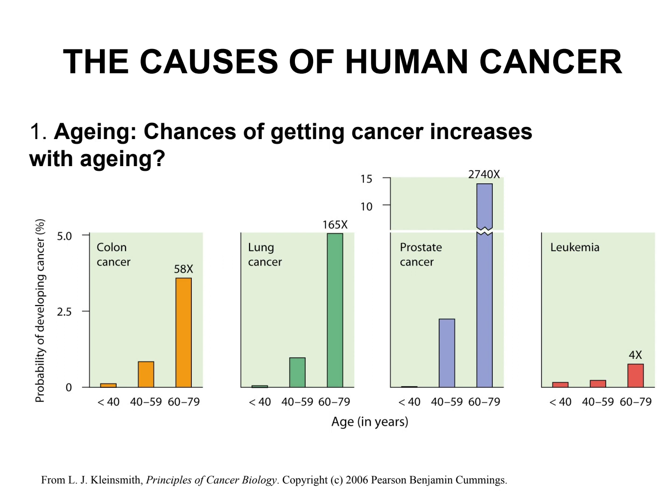Number one on the list is aging. So as we get older, we have a higher and higher risk of getting cancer. What is being shown here in the graphs are colon cancer, lung cancer, prostate cancer, and leukemia. And you can see that with increasing age, you have a much higher risk of getting colon cancer, lung cancer, and prostate cancer in these higher age ranges.